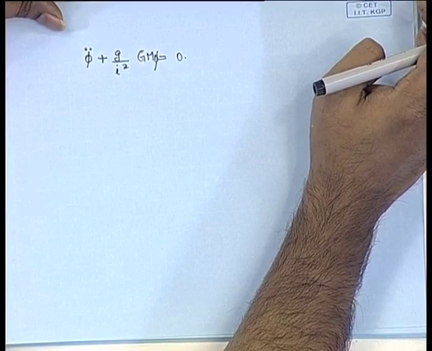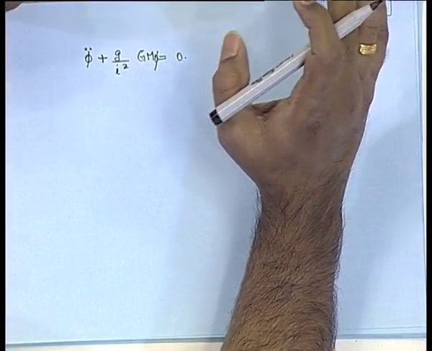So, g by I square into GM. Now, what does this problem become in the case of a ship that is now riding on a wave? In most seas, the ship ends up in a wave condition, in which the waves come in the direction of the ship, what we call a 0 degree angle, following waves.